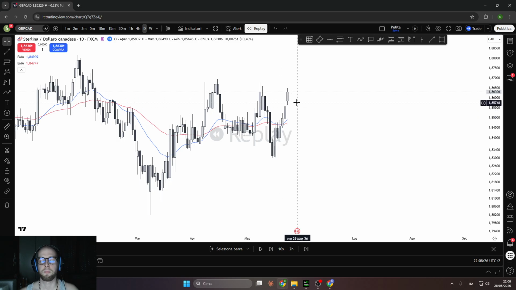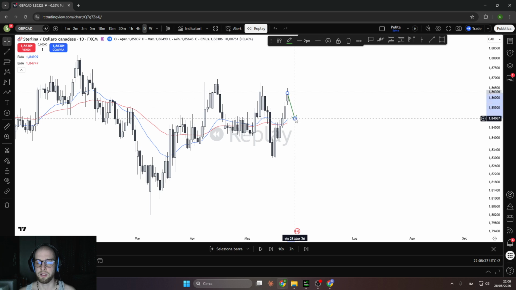After every expansion, I'm expecting a retracement. So I might just sell this, because price just expanded. The next big thing that's going to happen is a retracement. I don't know when it is going to happen, but I know that it will happen eventually, especially on the daily time frame.